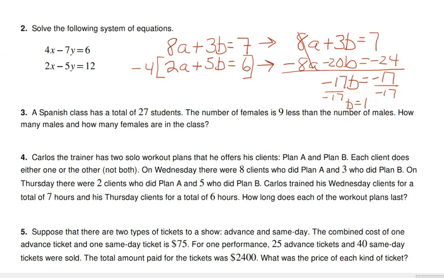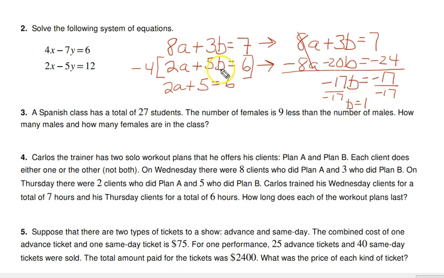Now, if B is 1, I can use either of these equations. I can use this one. So 5 times 1 is 5. So I have 2a plus 5 equals 6, because our value of b is 1.